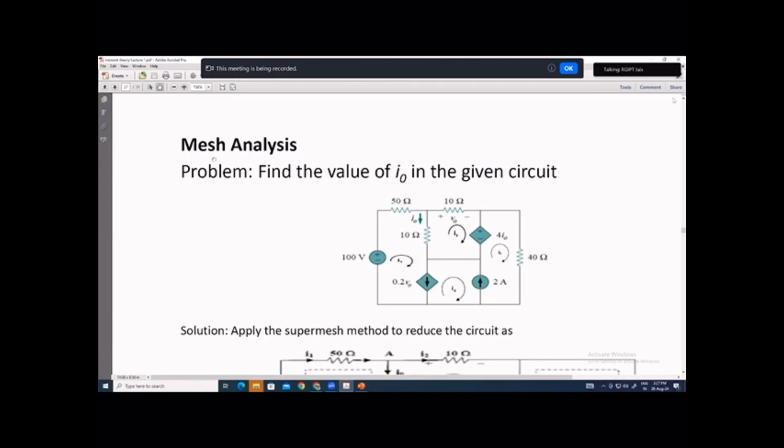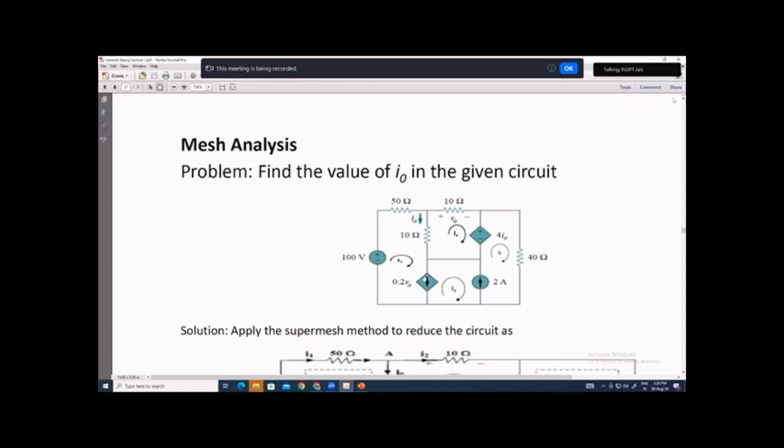The equation for the supermesh can have multiple unknowns. Now, what are the next equations? Next, you have to see each and every current. We did this for the independent current source, and likewise for the dependent current source.